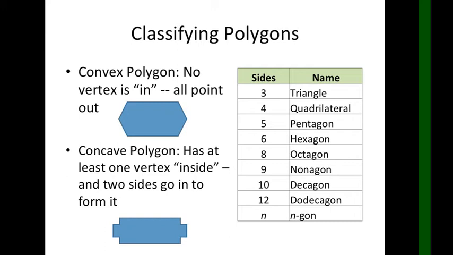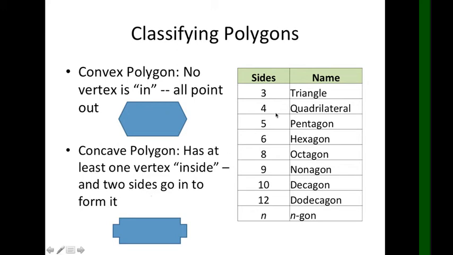While a concave polygon has at least one vertex pointing inside and two sides go into its form. A convex polygon is usually a plain polygon without any twists and turns. It looks just like this. A concave polygon, on the other hand, has curves or indentations, like this. That example is a concave polygon.